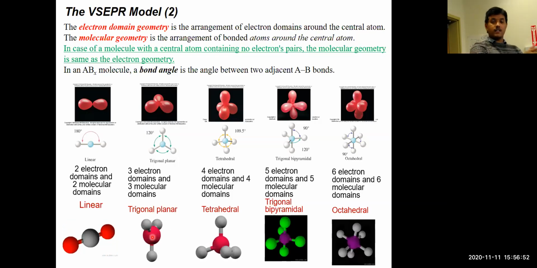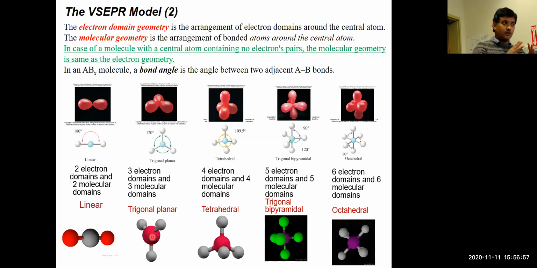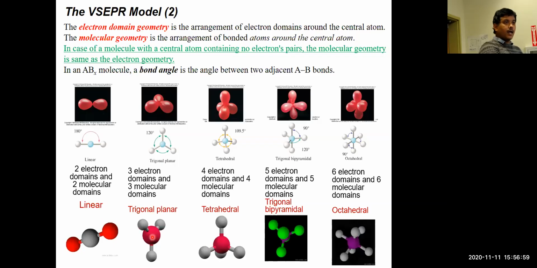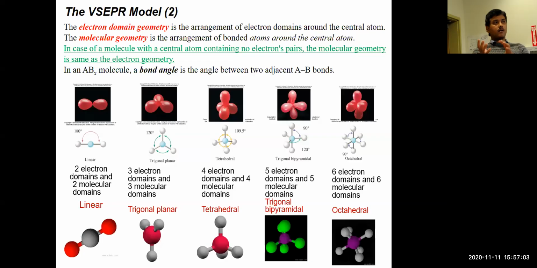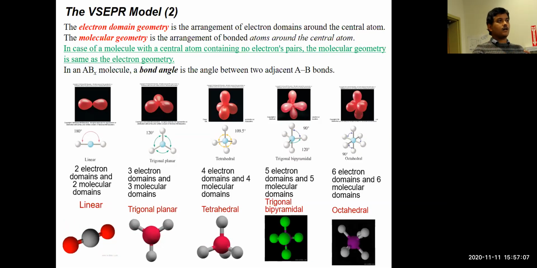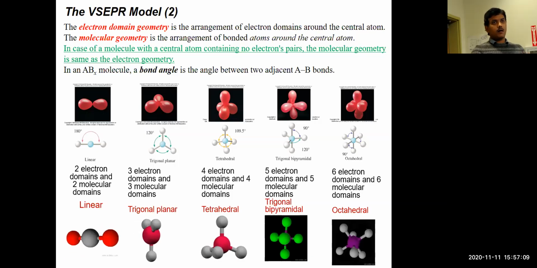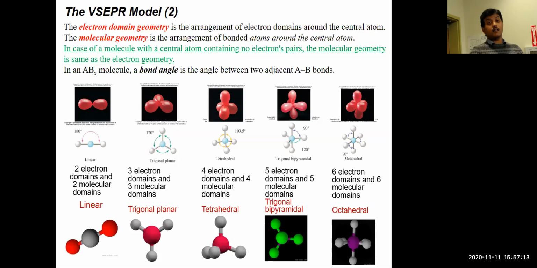Okay, so this is one set of molecular geometry and electron domain geometry you're going to learn. There are 5 of them, and I'm going to lead you to the discussion where molecular geometry is going to be different from electron domain geometry, because I'm going to discuss the cases where the central atom has a lone pair.